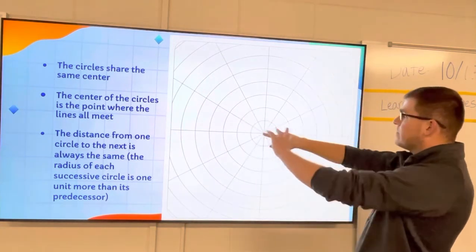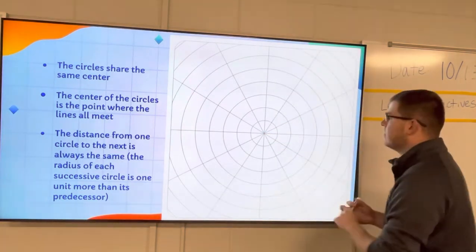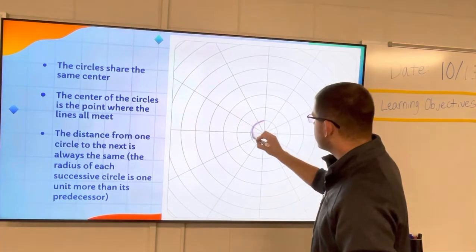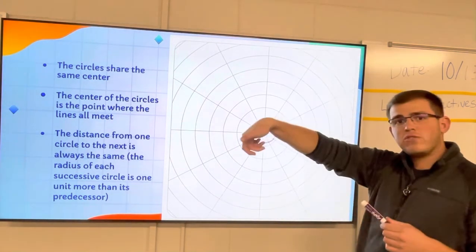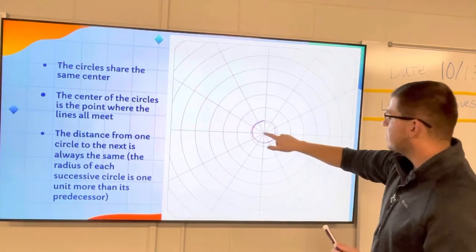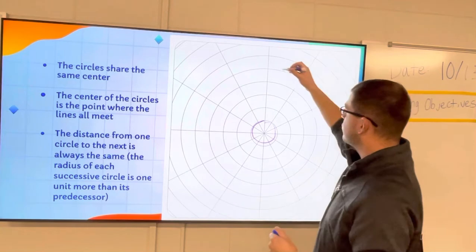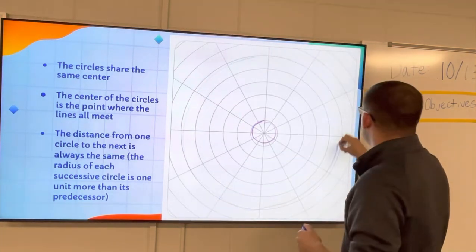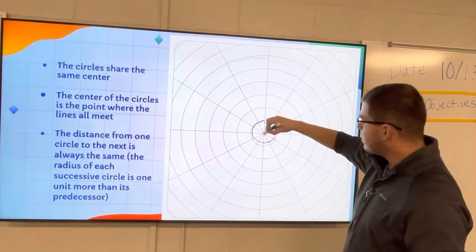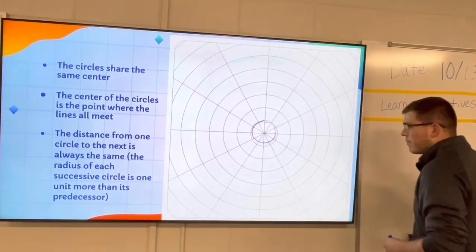All of the centers of the circles are the same too, right? If we take a look at, say, this smaller innermost circle, if I were using a compass where I use the pencil and draw, the center of the circle is going to remain the same. It's the same with this really big circle all the way on the outside. The center is still the same. So that's kind of neat about this grid too.